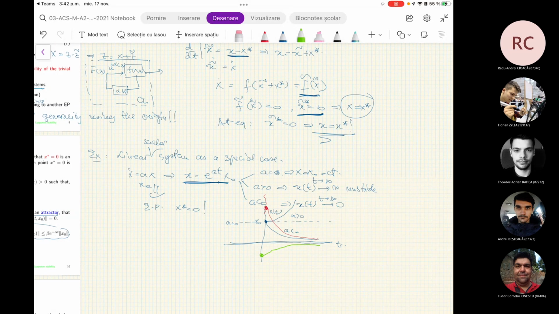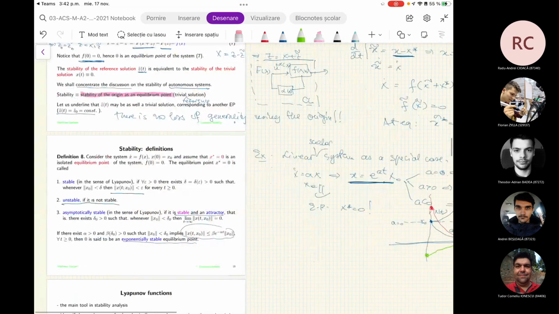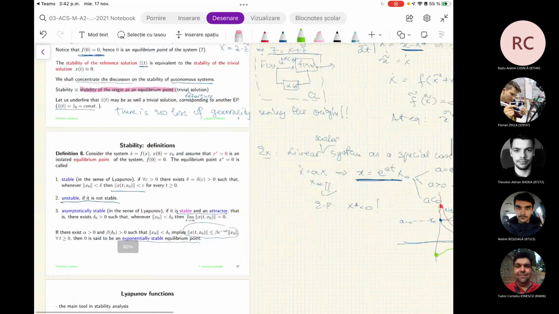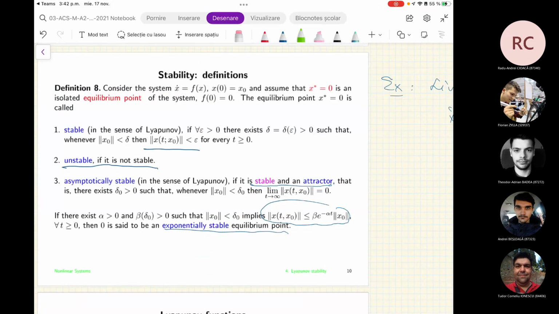So we were discussing the stability of the linear system. We have this epsilon-delta definition. It's very clear. In the sense of Lyapunov, stable if the trajectory is bounded, no matter what happens to the initial condition.